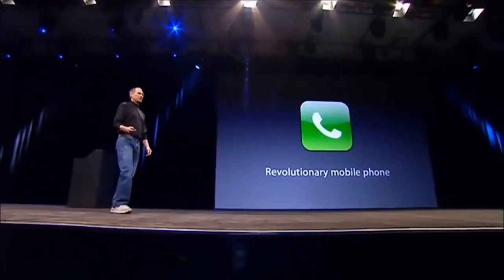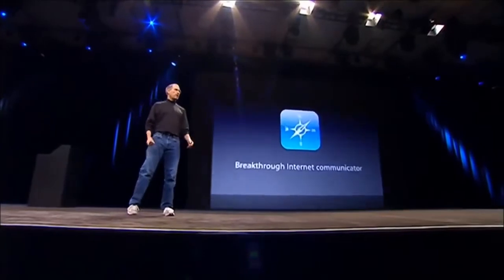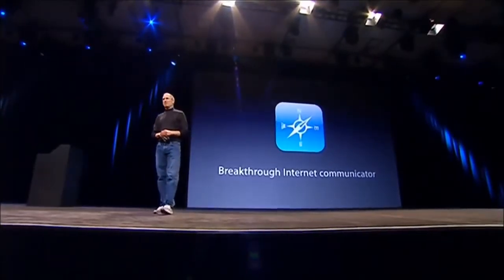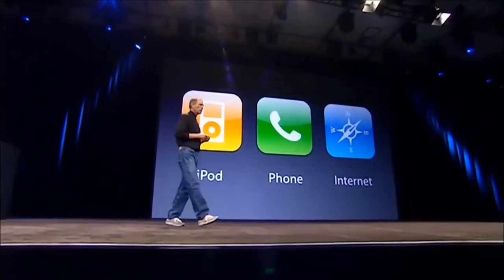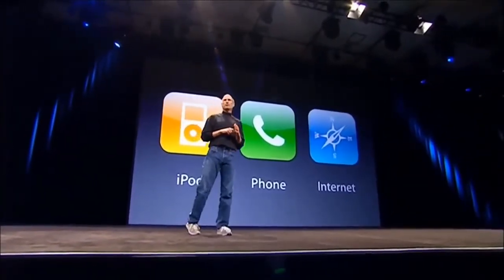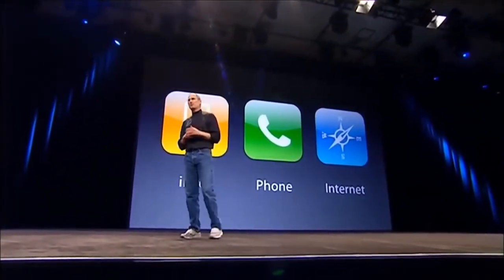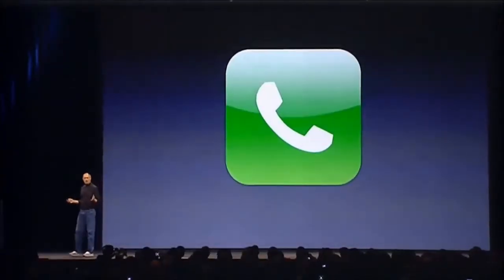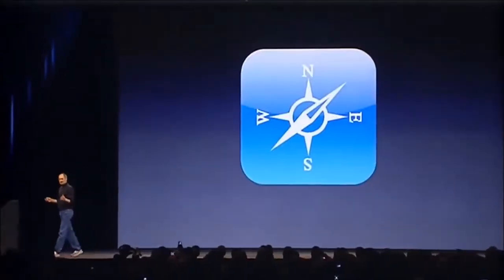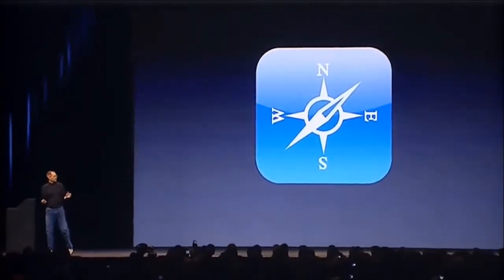And the third is a breakthrough internet communications device. So, three things: a widescreen iPod with touch controls, a revolutionary mobile phone, and a breakthrough internet communications device. An iPod, a phone, and an internet communicator.